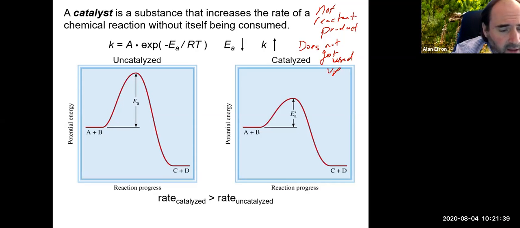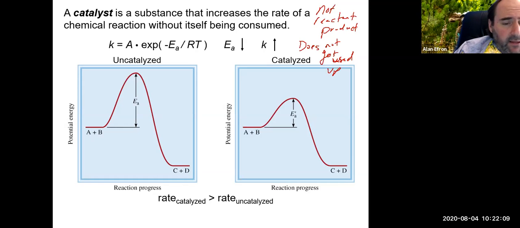It is there a lot of times to facilitate that reaction occurring a lot faster. Now, there are what are sometimes referred to as negative catalysts that can slow down a chemical reaction. But probably 9 times out of 10, even closer to 10 times out of 10, if somebody is talking about a catalyst, they're referring to it speeding up a chemical reaction.